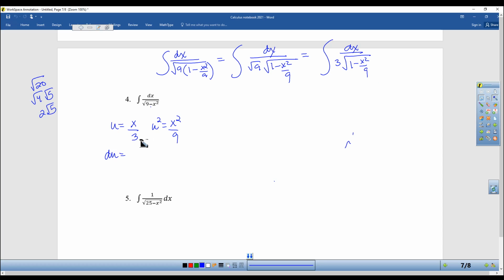Du, if I did that, is, remember, x over 3 is the same as 1/3 x. It's easier for people to take the derivative of 1/3 x. So if you ever need to change that, go ahead and do it. The derivative is 1/3 dx. So fortunately, I have a 1/3 dx. So this is going to become the integral. The dx over 3 is my du.